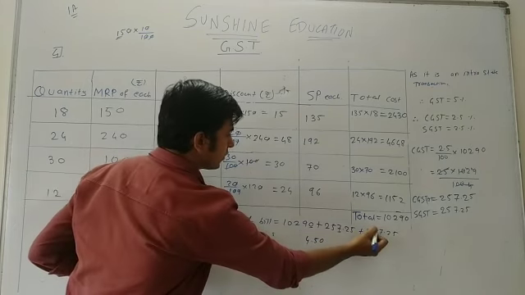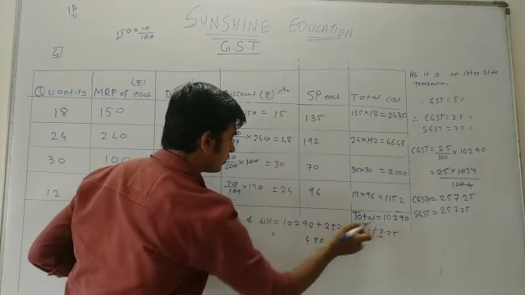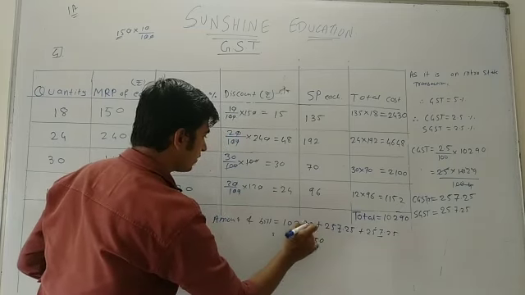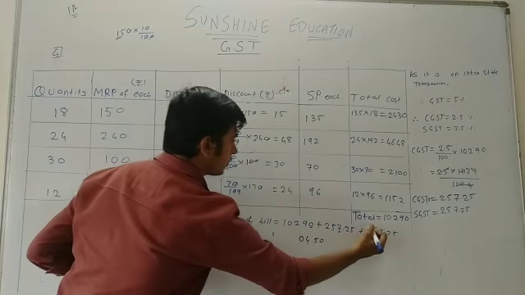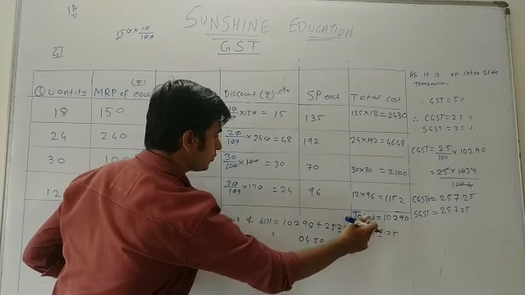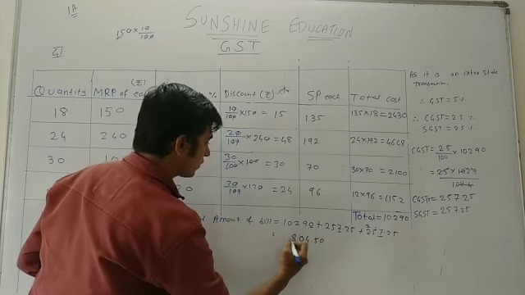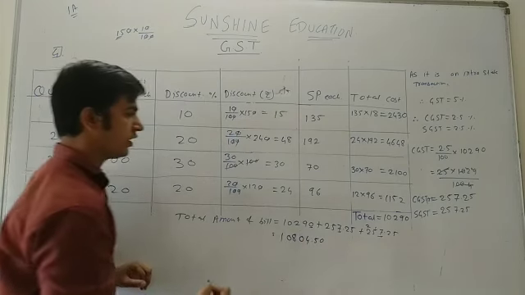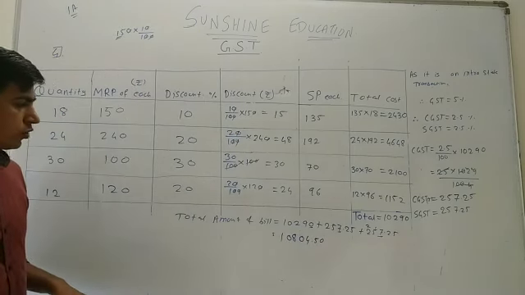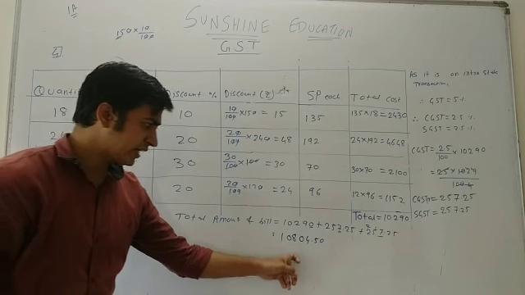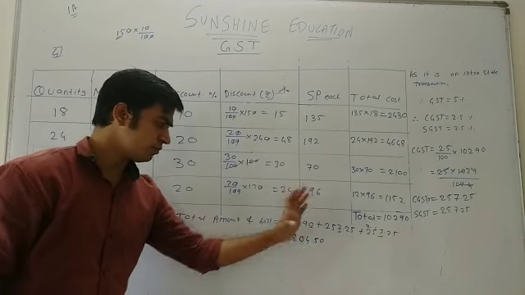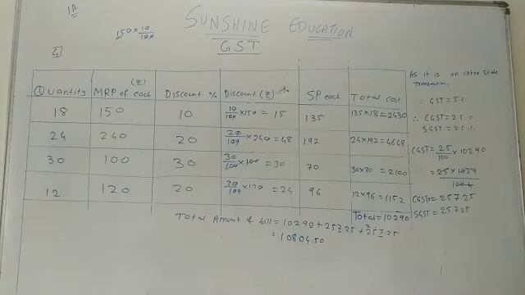So 1 carry, 5 plus 1 is 6. 6 plus 5 is 11. 11 plus 9 is 20. 2 carry, 2 plus 2 is 4. 5 6 7 8, 0 1. Okay. So the total amount of the bill is 10,804.50.